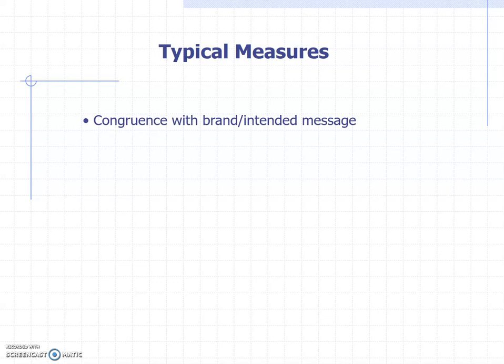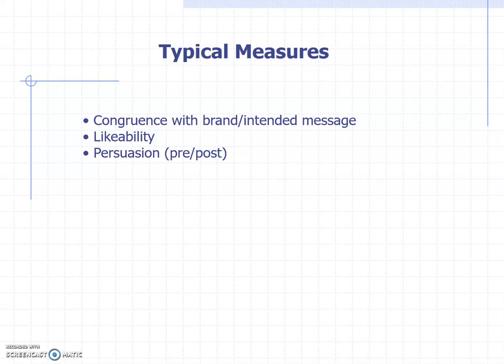Do people see the brand and does the message reinforce that brand? Does it fit? Does it match with the brand? How likable is the ad, and how persuaded the audience is? And you do this with pre-tests and post-tests.